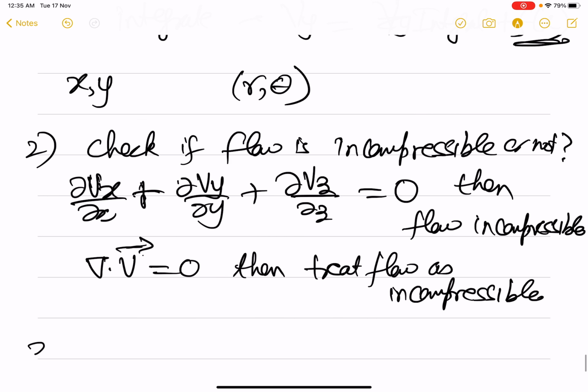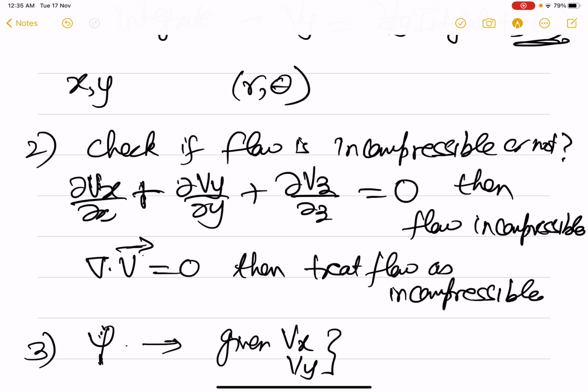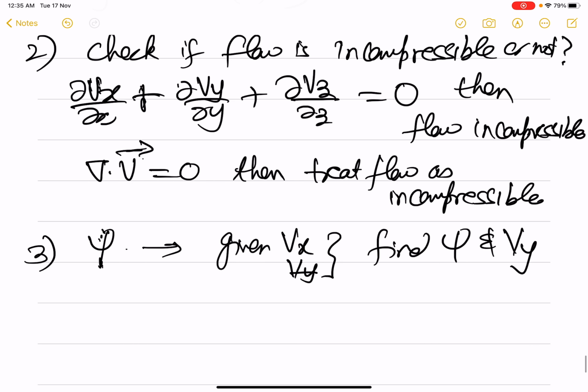The third type of problem could be to find things in terms of the stream function psi. So given Vx, Vy, or even given one of them, find psi and Vy. So you should be able to do such things. And once again, when we find psi, psi is unique up to a constant.